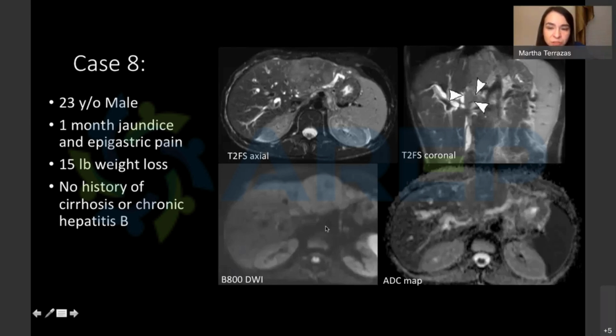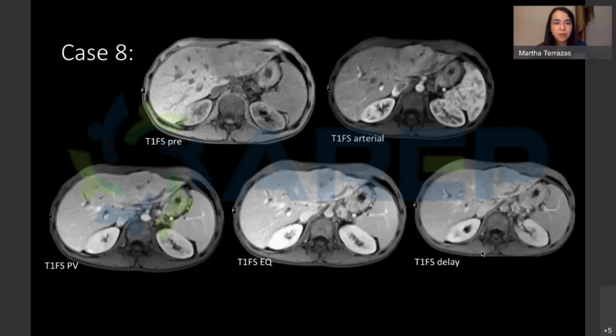On our diffusion weighted imaging, it's bright on our high B weighted value imaging, and it's dark on our ADC map. So yeah, it's hypercellular. Then we got our T1 FATSAT pre, and then we have arterial, portovenous, equilibrium, and delayed.